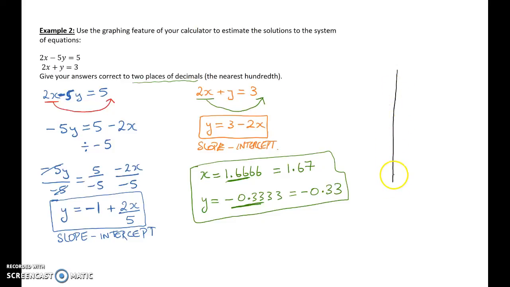Again, it doesn't have to be a terribly accurate sketch, but one line goes like that, another line goes like that, and where they meet, that's 1.67, negative 0.33.